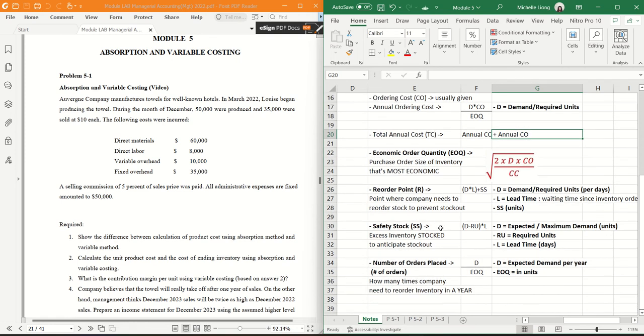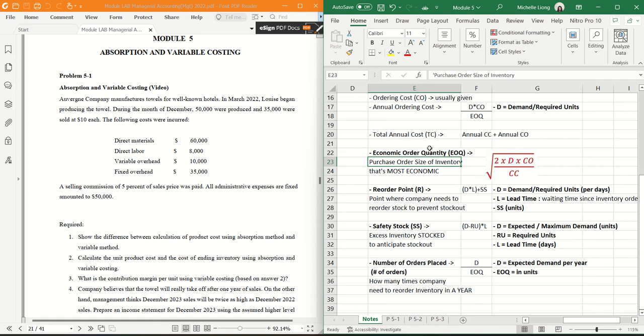The next one is economic order quantity. So economic order quantity is the purchase order size of inventory that's most economic. Let's just say that you need 1,000 materials for producing your water bottle, and the minimum size of order you make is 1,000.